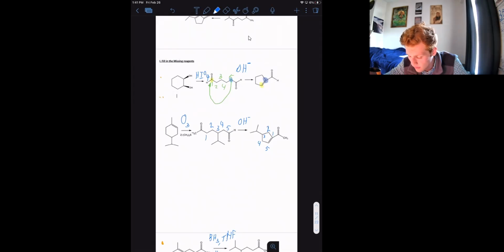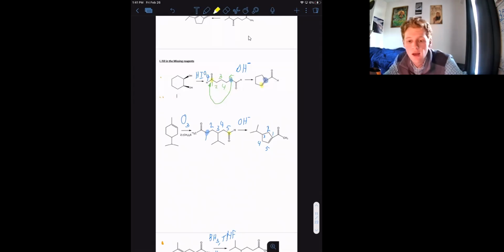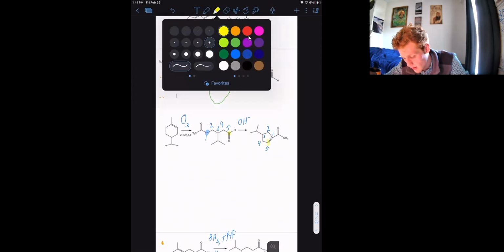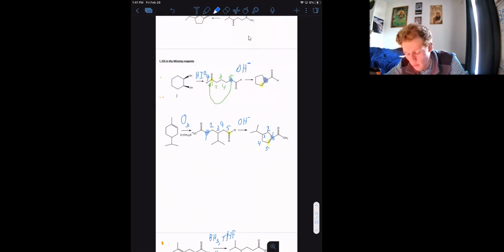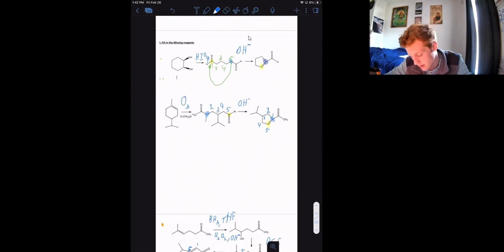And then for our attacking, this is our nucleophile, and our electrophile is once again partial positive. And this is where it starts becoming very important that we're numbering our carbons. By doing that, we're able to see exactly where each carbon should be when the ring forms. So you'll be able to identify where they started and where they ended.